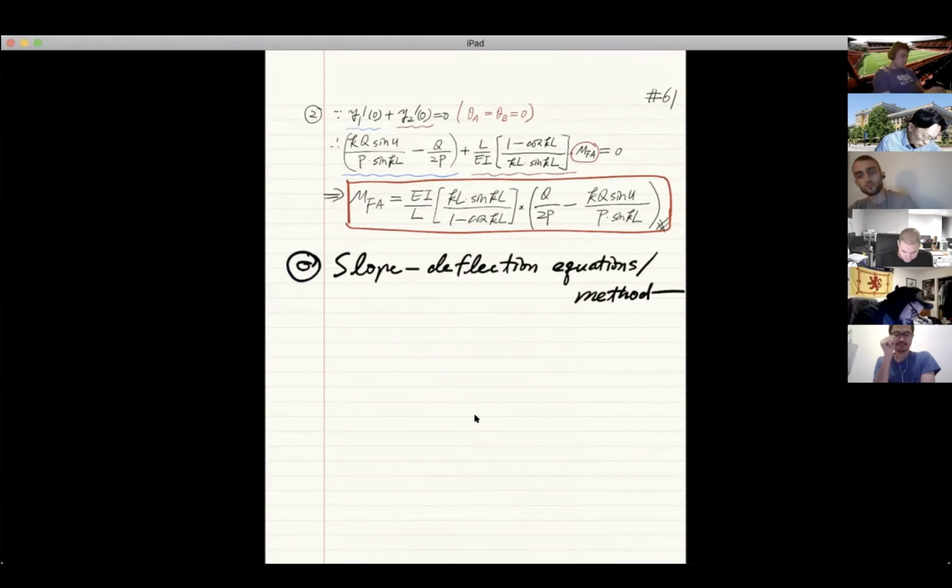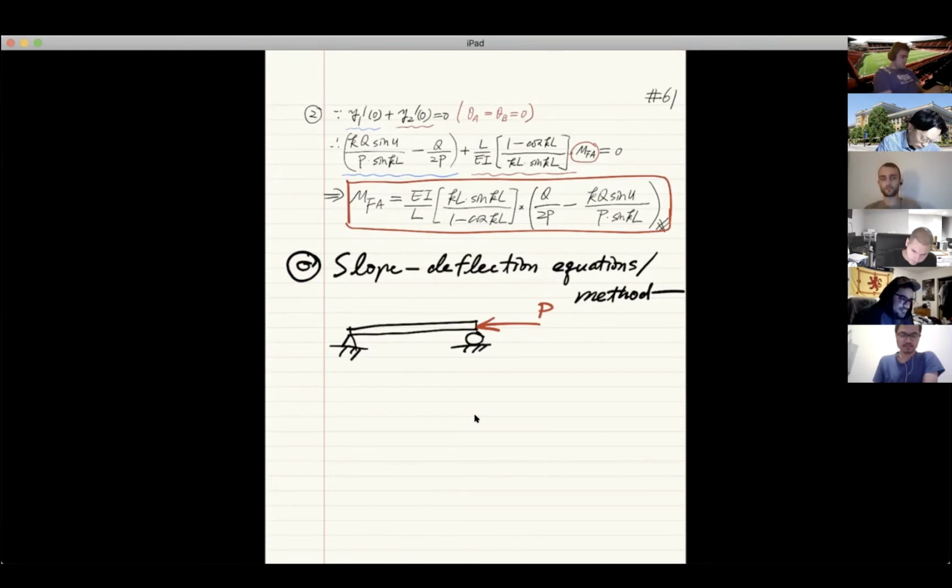So let's start with example 11, which we just analyzed, this case with a P and also end moments like this.